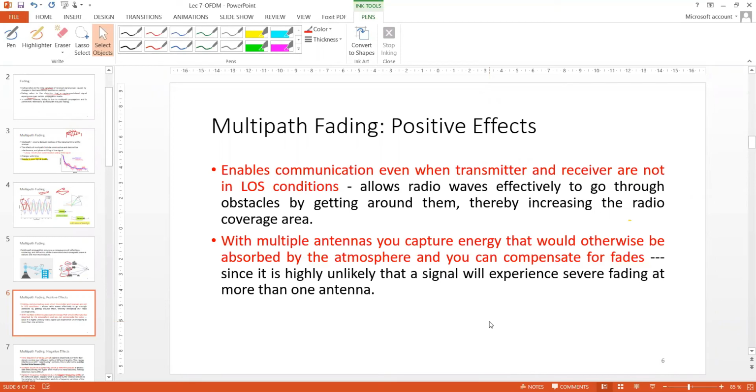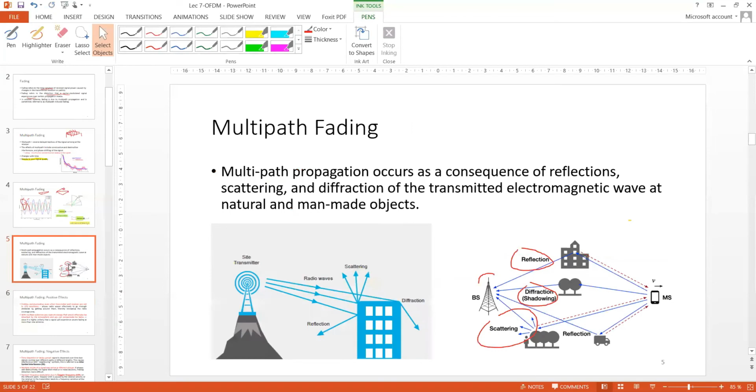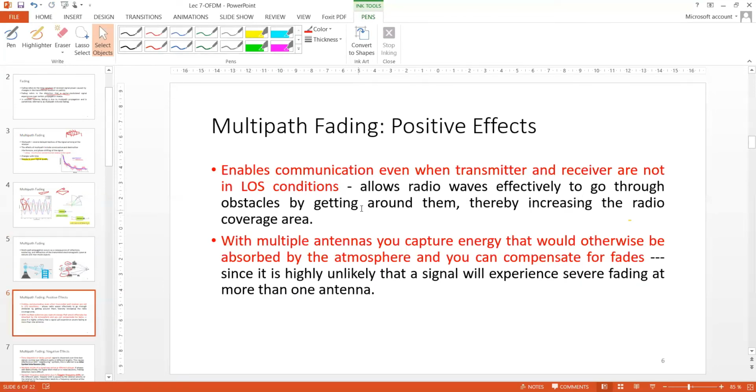This is only possible because of the multipath effect, because the signal can reach you due to reflection or diffraction with the objects present between you and the base station. It allows radio waves to go through obstacles or to bend across the edges of the obstacles that are present between the transmitter and receiver module.